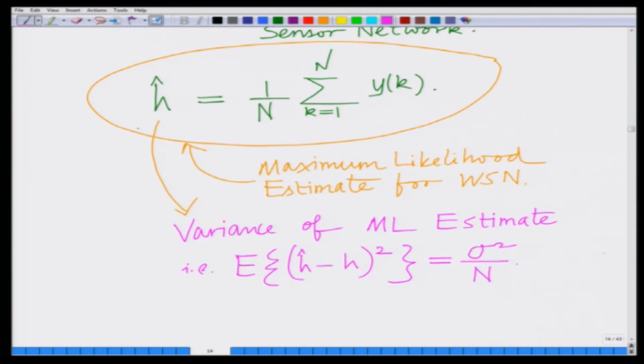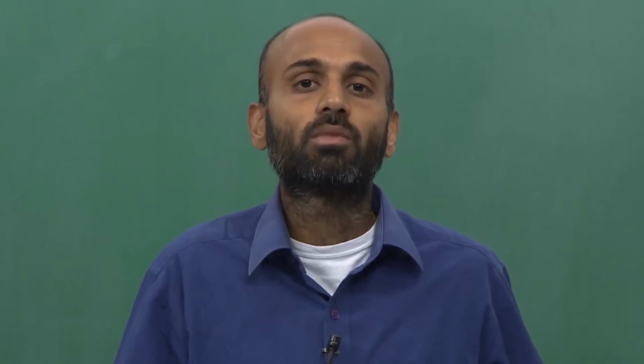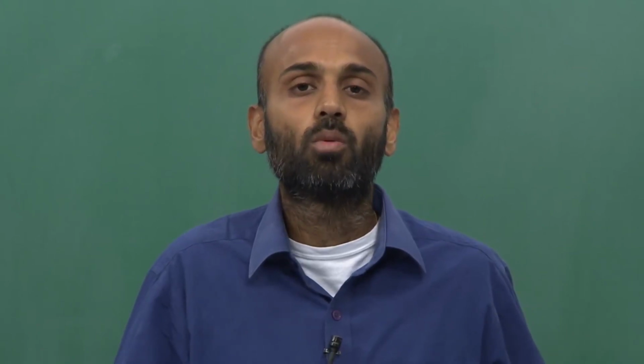So, what is interesting is that not only have we demonstrated through this Cramer-Rao bound approach that the lowest variance achievable is sigma square divided by n, we already have an estimator which achieves this bound, that is the maximum likelihood estimate, which is also the sample mean of the observations, 1 over n summation k equal to 1 to n y of k. This is the sample mean of the observations y1, y2 up to yn.